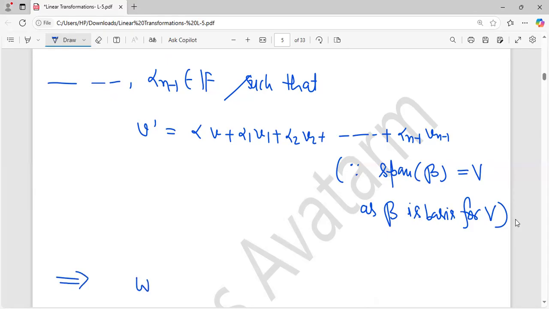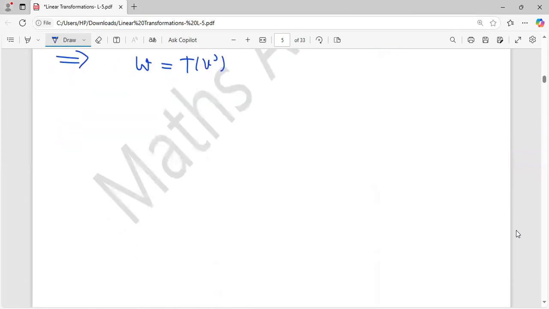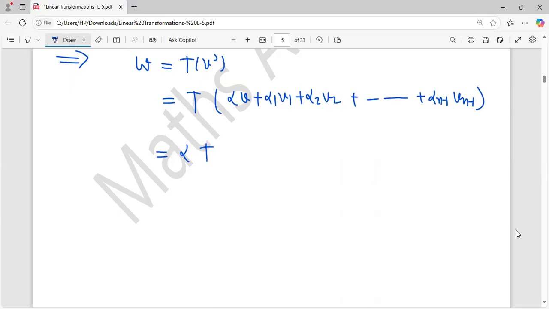So this implies W is equal to T V dash, which is T of alpha B plus alpha 1 V1 plus alpha 2 V2 up to alpha n minus 1 V n minus 1, which is alpha T B plus alpha 1 T V1 plus alpha 2 T V2 up to alpha n minus 1 T V n minus 1.